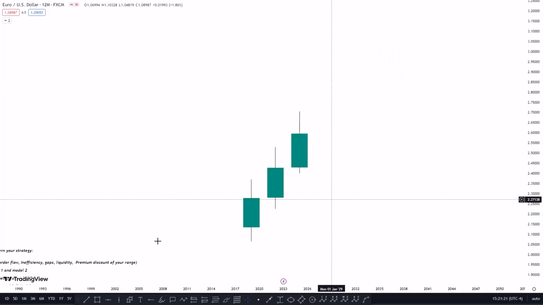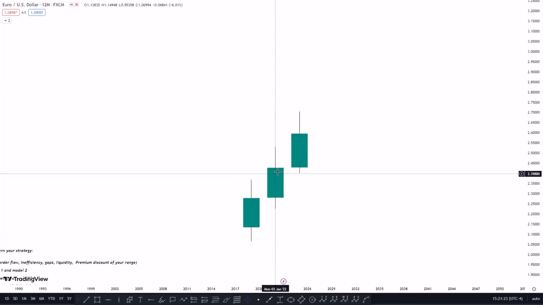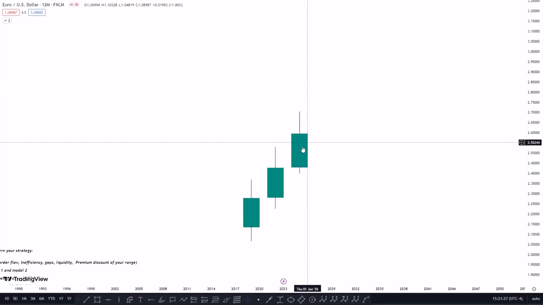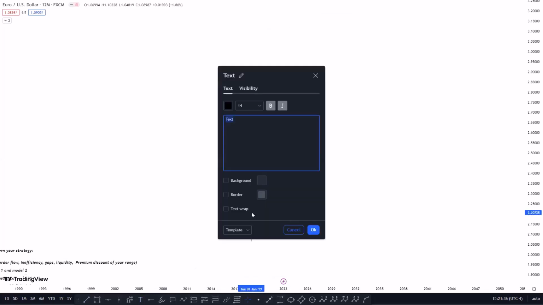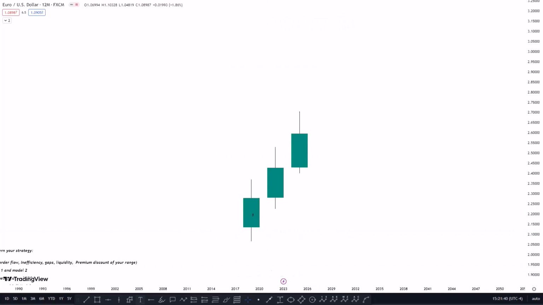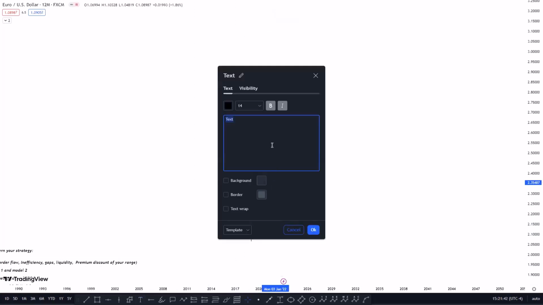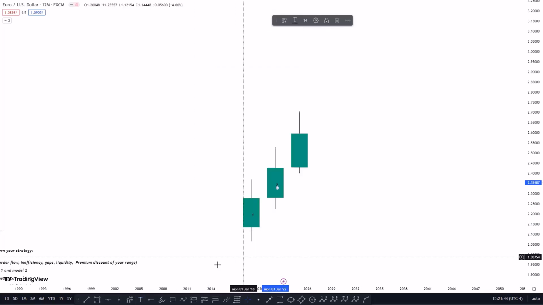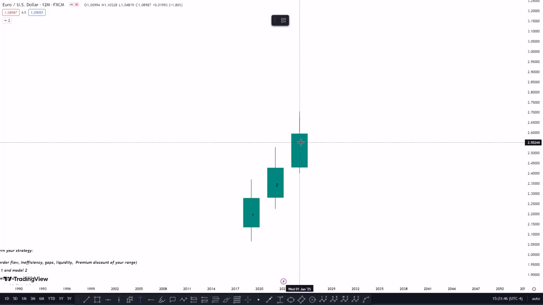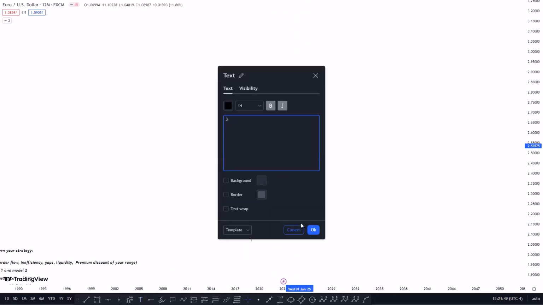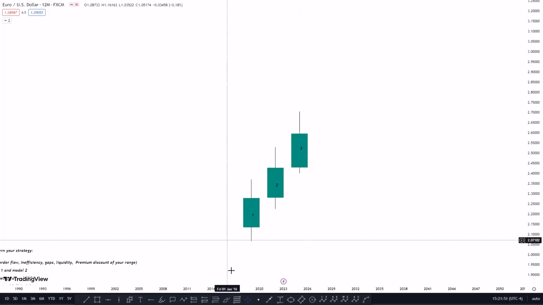So what is inefficiency? When you have your chart and your candlesticks moving, your first candle is here. This is candle number one. Then you have candle number two. Then you have candle number three, right here.